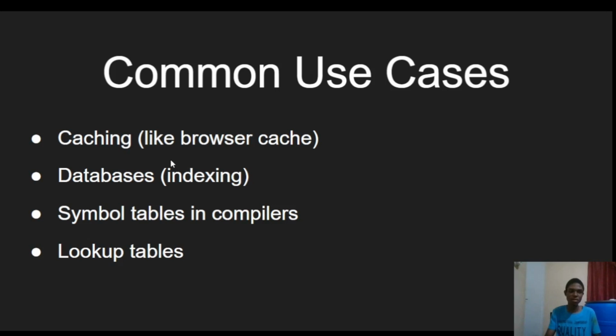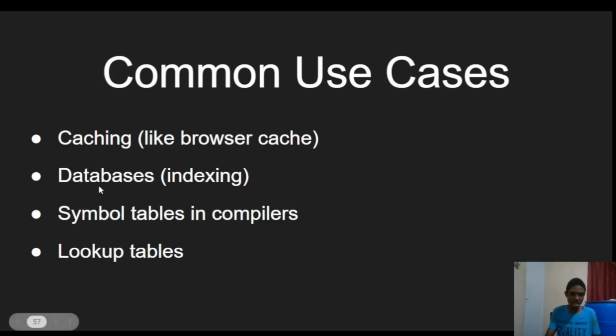Frequently used websites, it stores the images of those into hash tables. So whenever we type in a website, the key would essentially be, for example, the website's name, and it's mapped to the images and all of that.